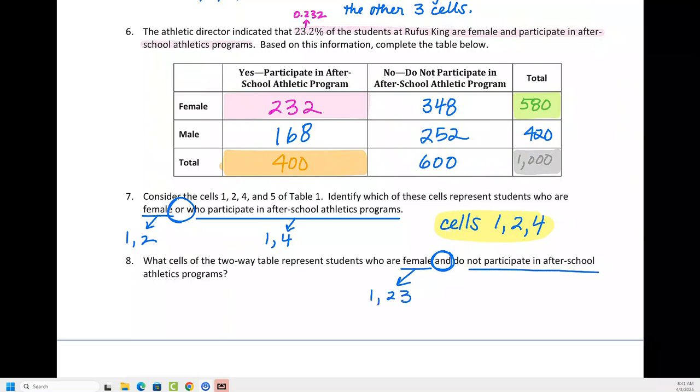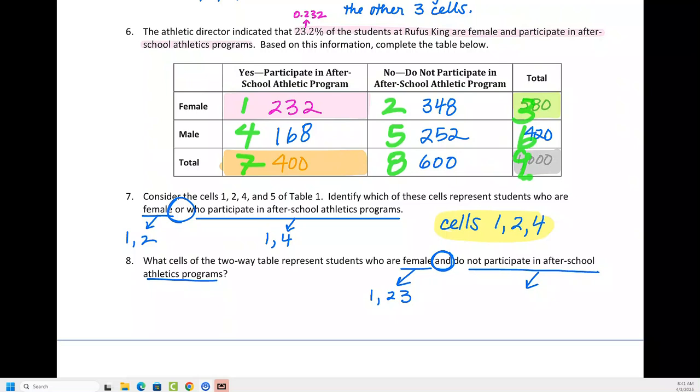And then do not participate in an after-school athletics program. Which cells are those? Let me go here: 1, 2, 3, 4, 5, 6, 7, 8, 9. I should put all of them in. They didn't limit us this time. So which cells do not participate in an after-school program? 2, 5, and 8.